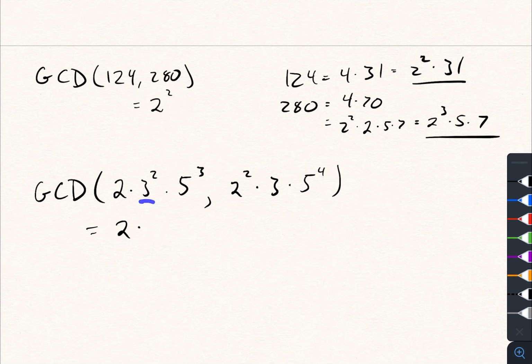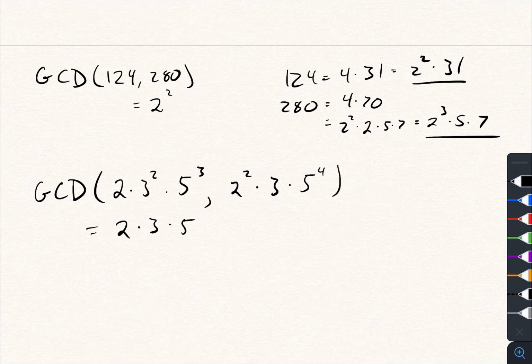Same reasoning for the 3. I can put a 3 here, but I can't put a 3 squared. That would be too much. And then what about for the 5 cubed and 5 to the 4th? Well, it's going to be 5 cubed, because if I did 5 to the 4th, that would not divide 5 cubed.